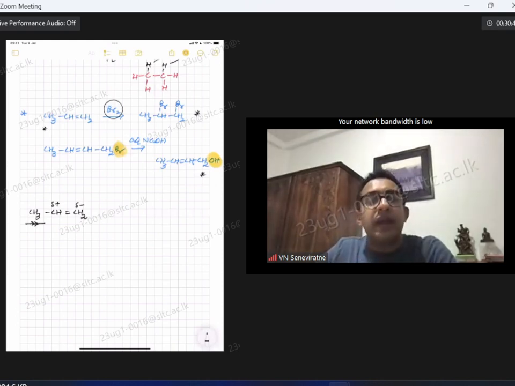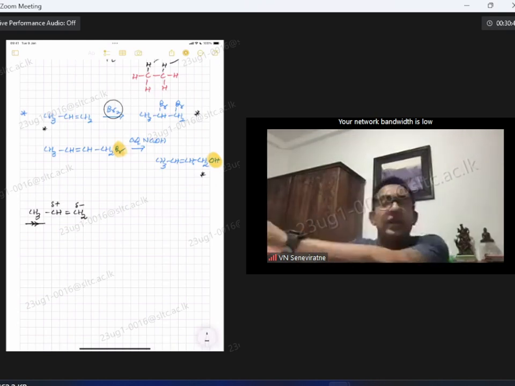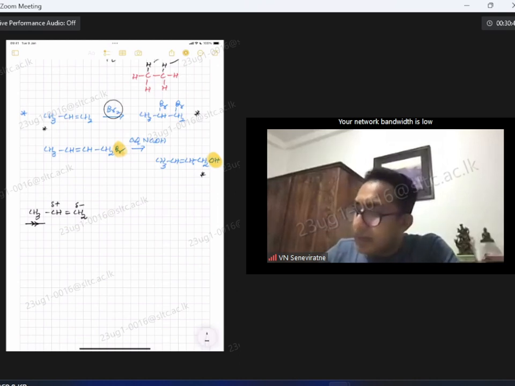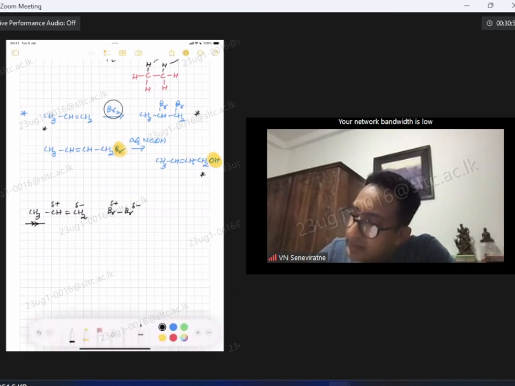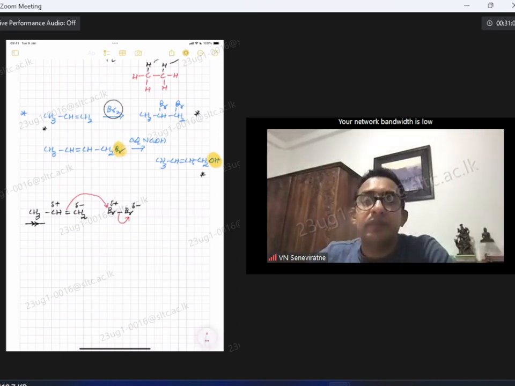When that happens, that entire electron cloud gets pushed onto this side. And then you have bromine here, Br. This is delta minus and this becomes delta plus. So now what will happen is this bond will break over here and then this bond will leave, right?